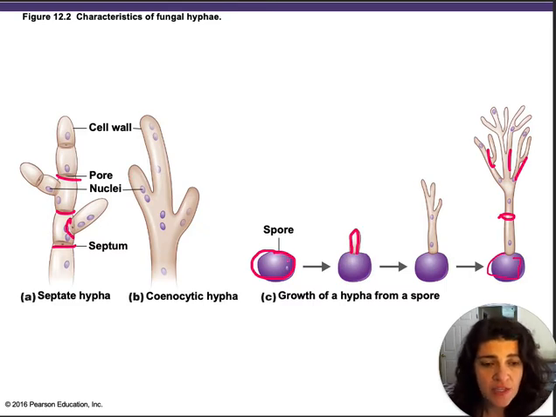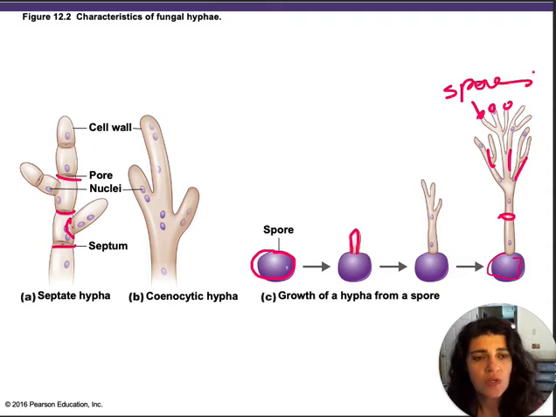And as we already talked about, the spores and the hyphae have cell wall, okay? So this grows, and then on the tip of this hyphae, you have what we call spores or reproductive spores. And what happens to these spores?